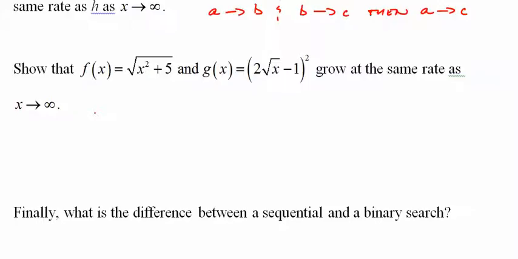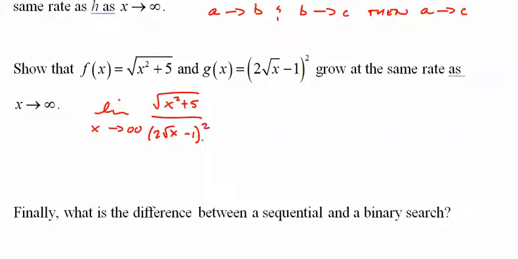Limit of, we'll put f of x over g of x. Now, way back when we did limits, we'd say, well, this one on the bottom is root x squared, so that's x. This one on top is x squared, so I would say the whole thing is going to be 1 over 4 when I'm done.